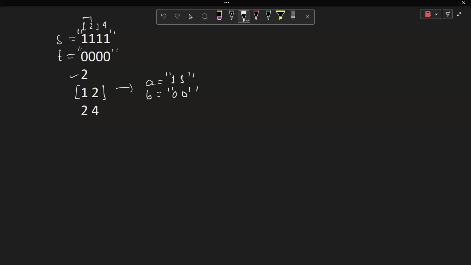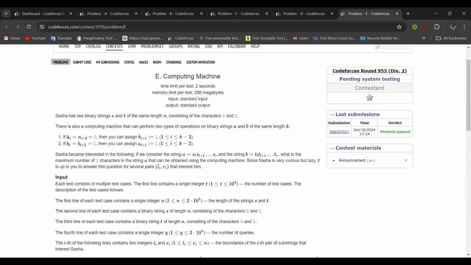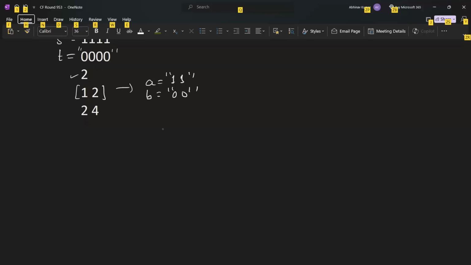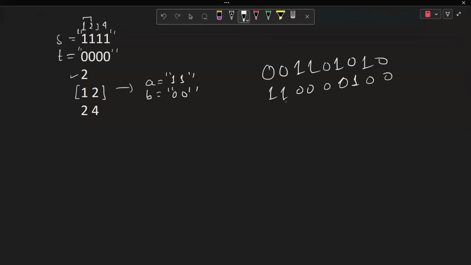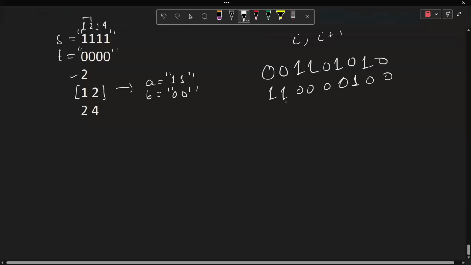Now, if you want to answer this query, let's see the operations we had. The first operation was: if A[i] equals A[i+2] equals 0, then you can assign B[i+1] as 1. So if you had an array A like 0, 0, 1, 1, 0, 1, 0, 1, 0, and B was something like 1, 1, 0, 1, 0, 2, 0, 1, 0, 0, what you can do is pick two alternate indexes, I and I plus 2.